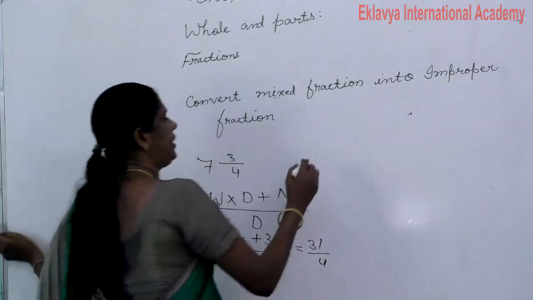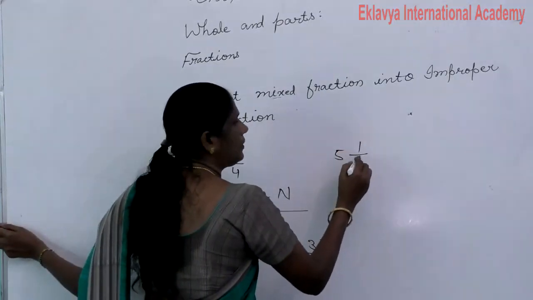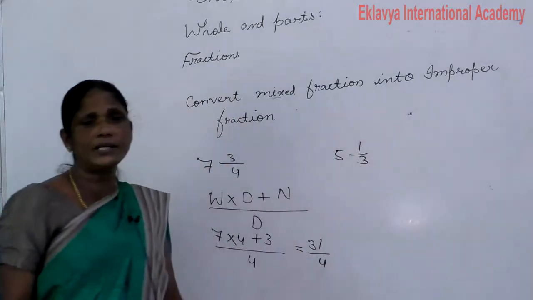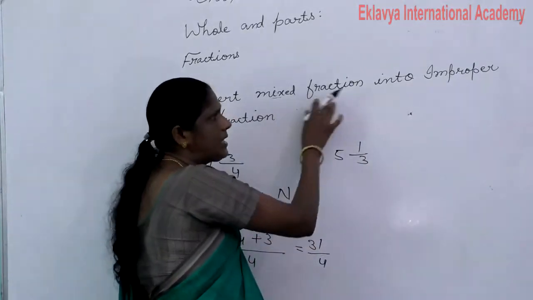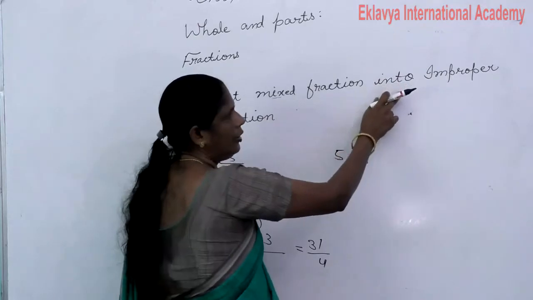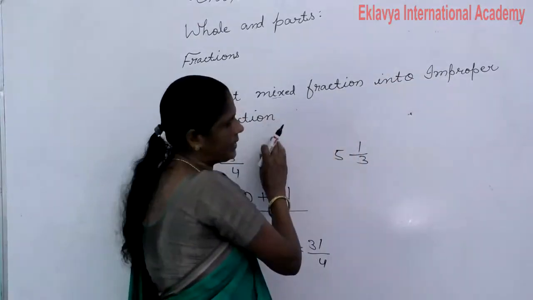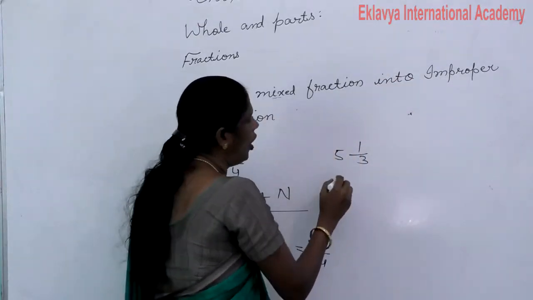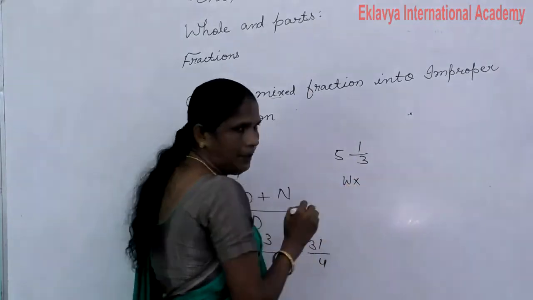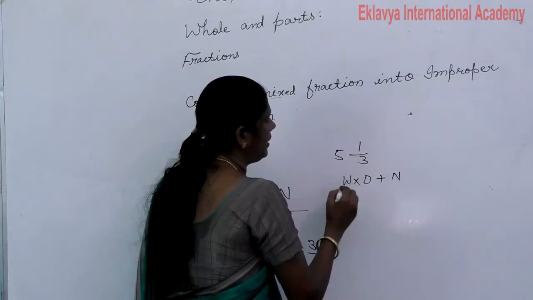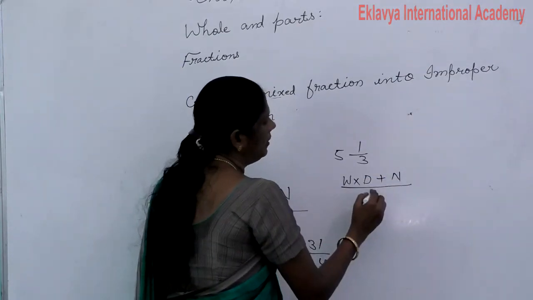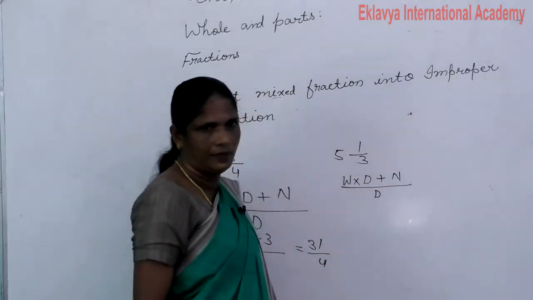Understand? One more question: 5 1 by 3. What is the formula to convert mixed fraction into improper fraction? First, whole number multiply denominator plus numerator upon denominator.